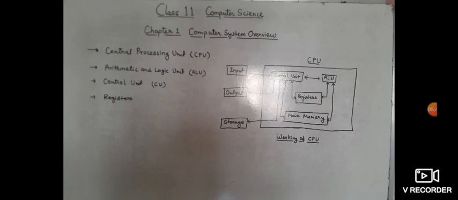Then the control unit decides what the instruction means and directs the necessary data to be moved from the memory to the arithmetic logic unit. The arithmetic logic unit performs the actual operation on the data, and last, the result of the operation is stored in memory or registers.